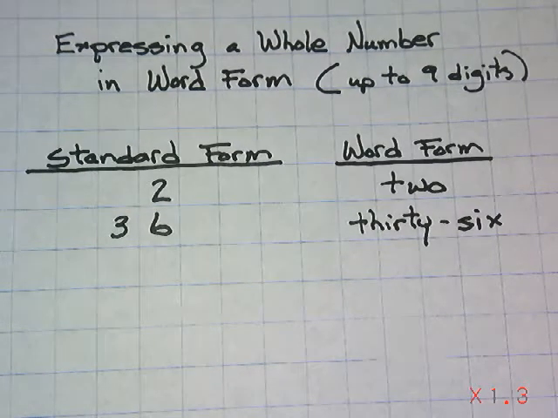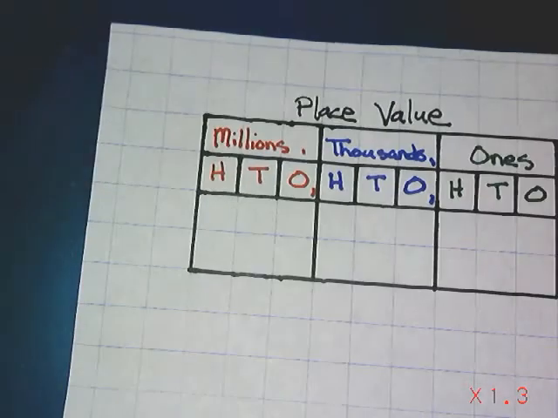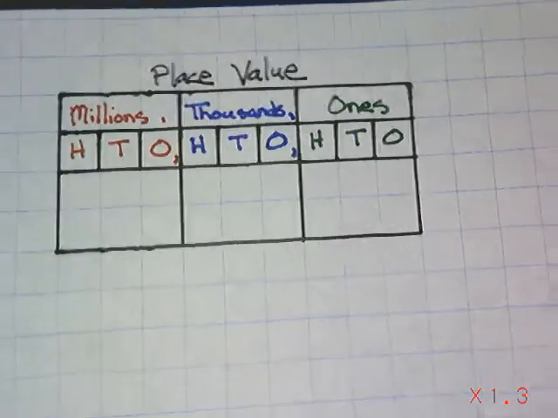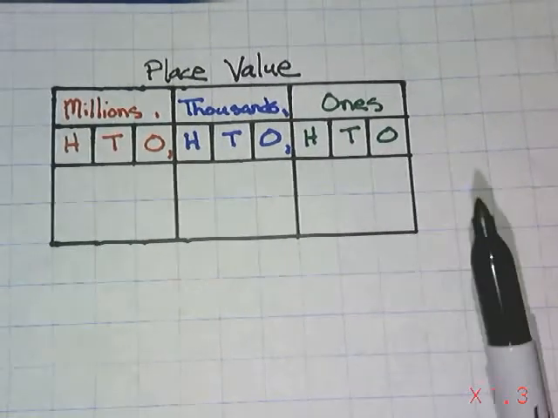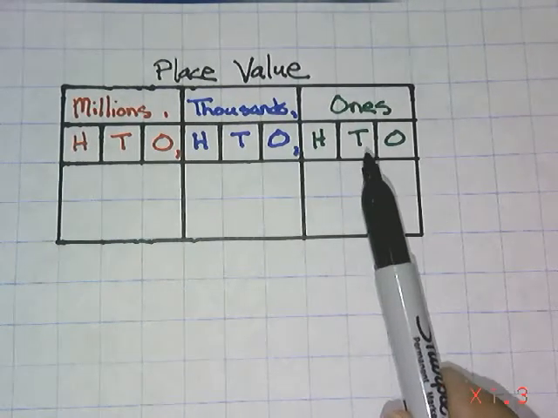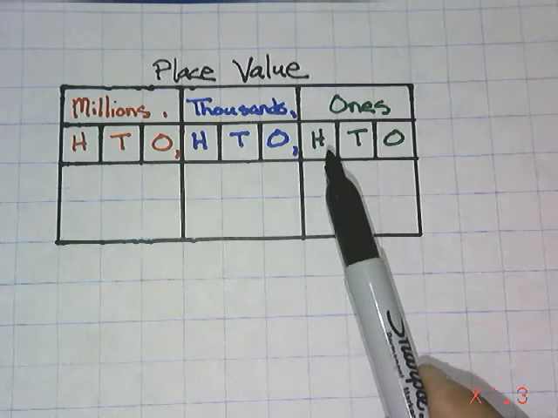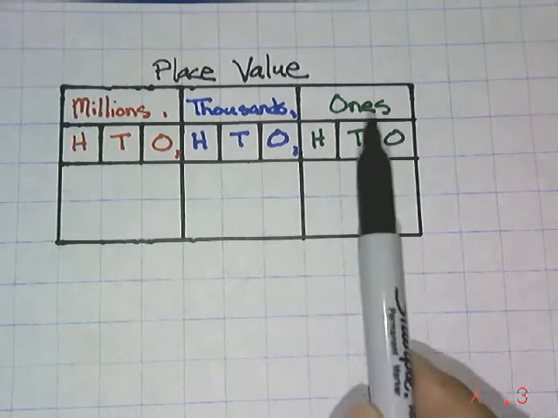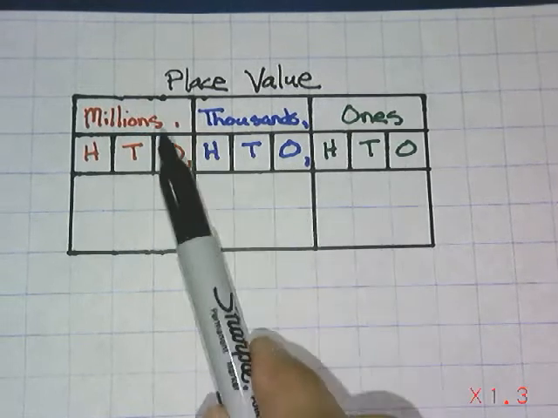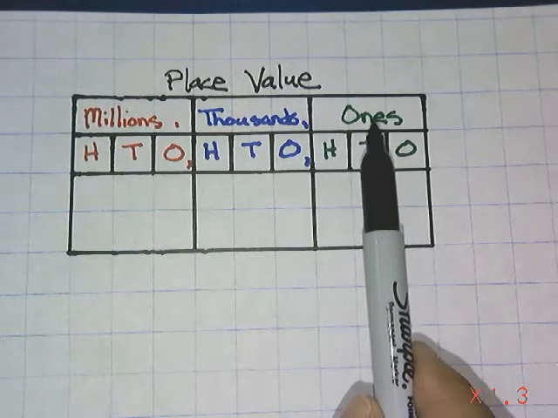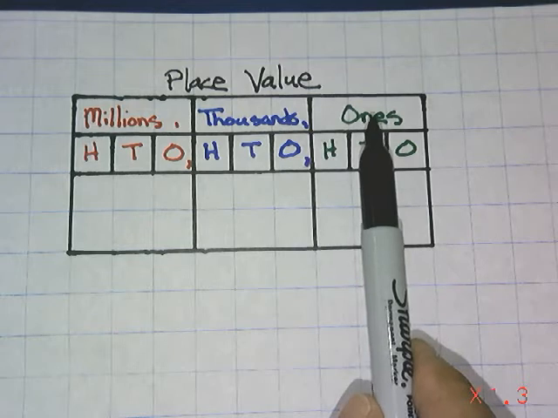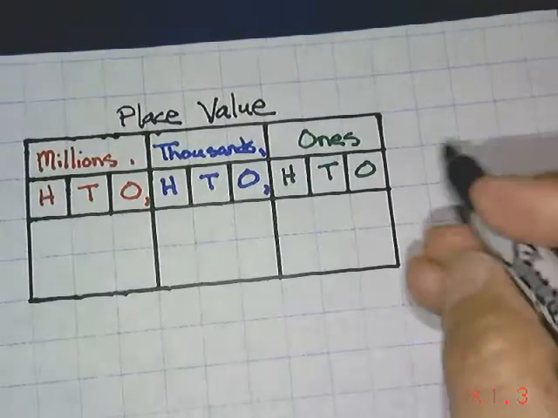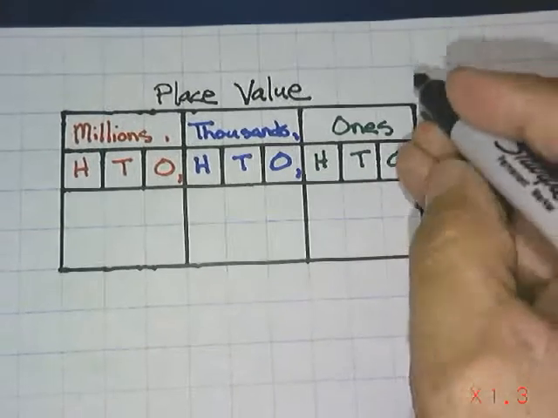To do greater values, let's look at a place value chart. And you remember on place value, way back in first grade, you did ones, tens. In second grade, you probably did hundreds. Third grade, you did thousands. Well, these categories up here, as you go up on your place value, are called periods. For example, this would be called the ones period, and it involves the hundreds, tens, ones. I'm going to actually write that word periods up here.